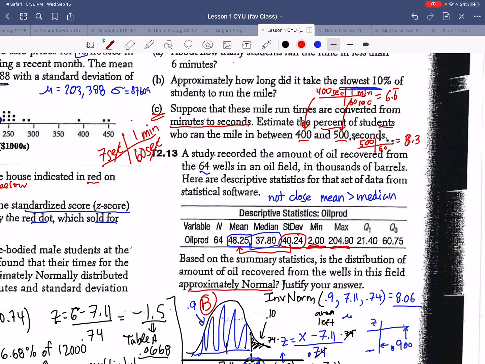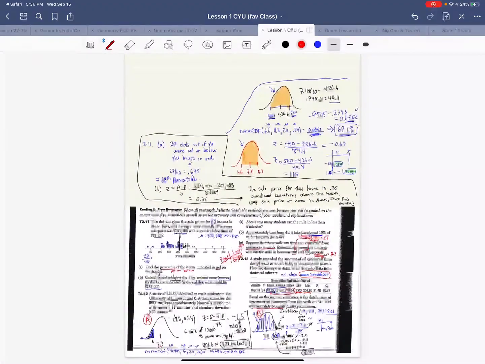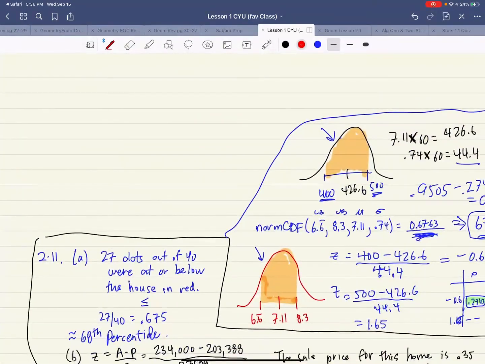So the book talks about this one saying, no, it doesn't seem to be normal. We already can see why, but how would we get full credit on a question like this? The book says, and I completely agree, no, it's not approximately normal because, so first we have to say yes or no, then we have to say our statement, then we have to say why.